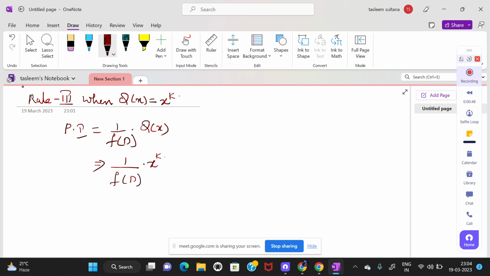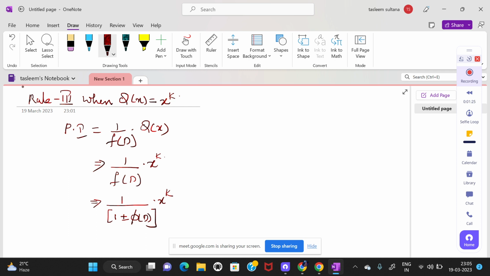Now what you are going to do is reduce this f of D into the form of 1 plus or minus phi of D by taking the lowest degree term. You have to reduce this into the form of 1 plus or minus phi of D into x to the power of k, by taking the lowest term.